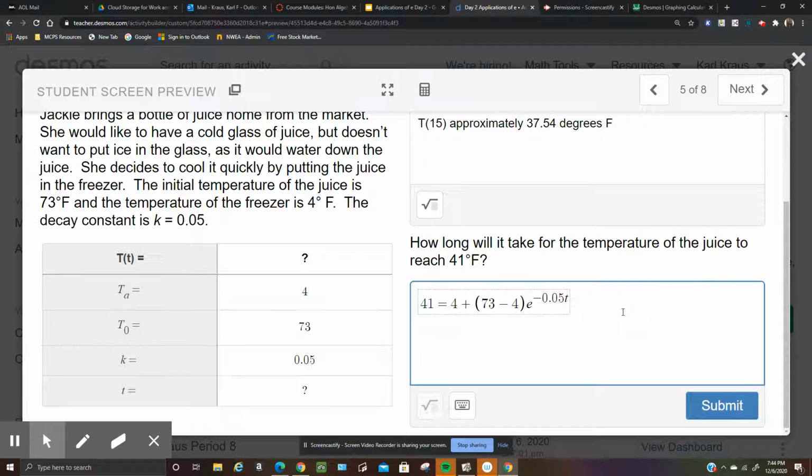And we're looking for lowercase t. So the first thing we're going to do is subtract 4 from both sides. And then I'm going to combine what's in the parentheses there, which would be 69. And then divide both sides by 69.